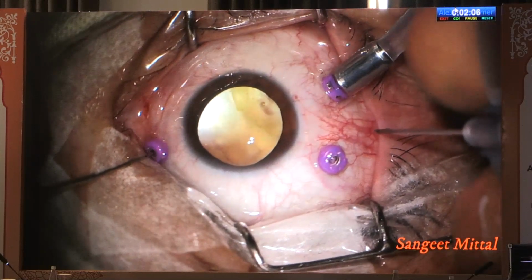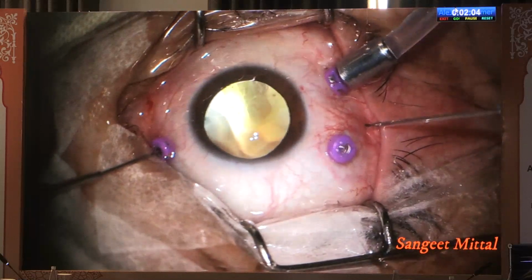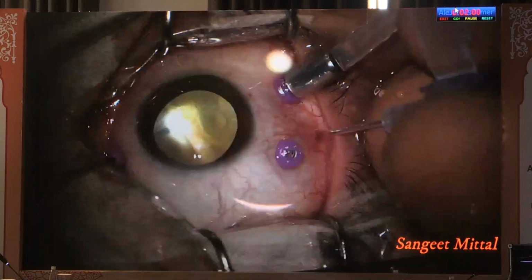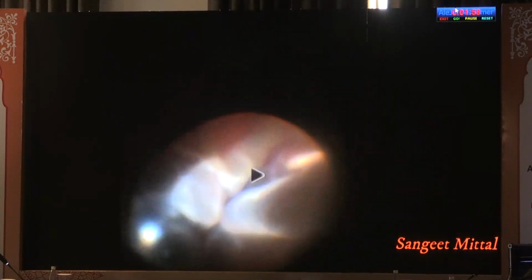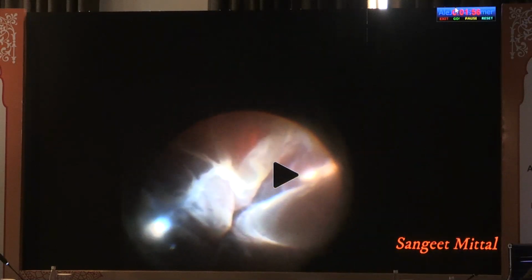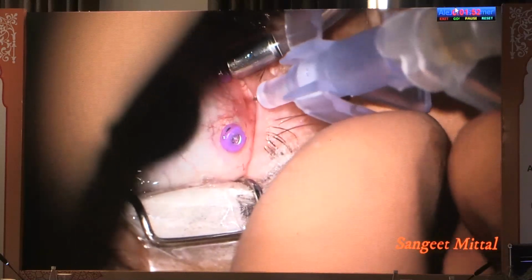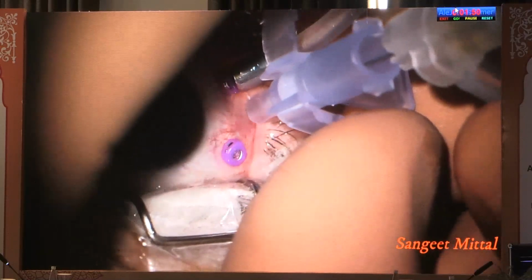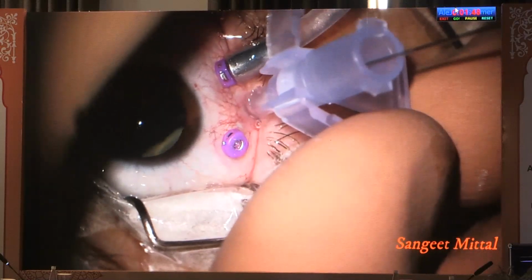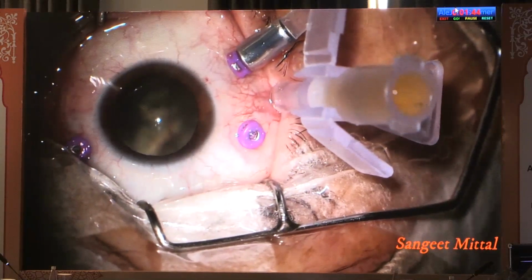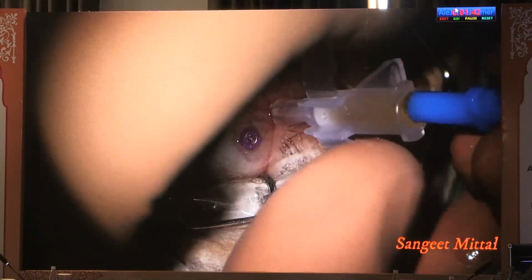With the bevel away from the globe, I enter the desired space, whether it's a subretinal space or a suprachoroidal space. I then go in and see whether the cannula is in the right place. Then I withdraw the metallic stylet and keep on pushing the plastic tubing inside. So this gives me a less traumatic way of draining the subretinal or the suprachoroidal fluid.